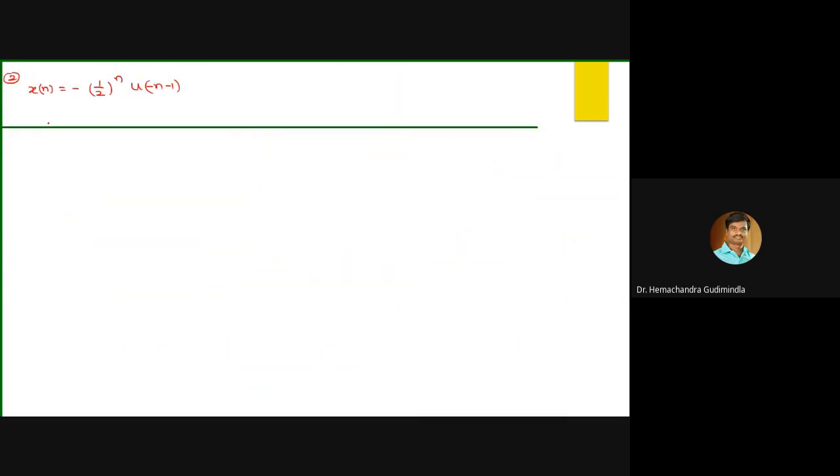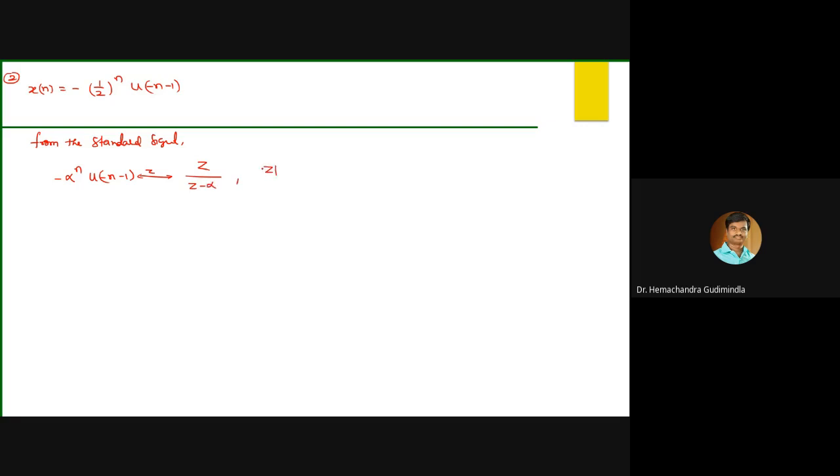But here directly I am writing from the standard signal: minus of alpha power n u of minus n minus 1, Z transform is, what is Z transform? Z by Z minus alpha.